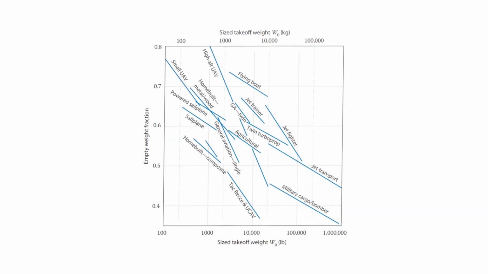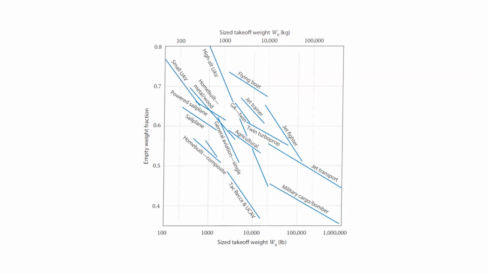Because the weight of the structure almost remains constant, right? It almost remains constant to support the extra load. So the extra load is, for example, in the military cargo, and the bomber carries missiles or other kinds of warheads. So they carry quite a lot of weight. So they're very heavy aircraft, okay?